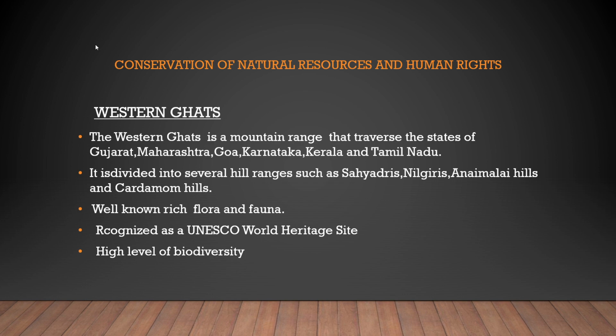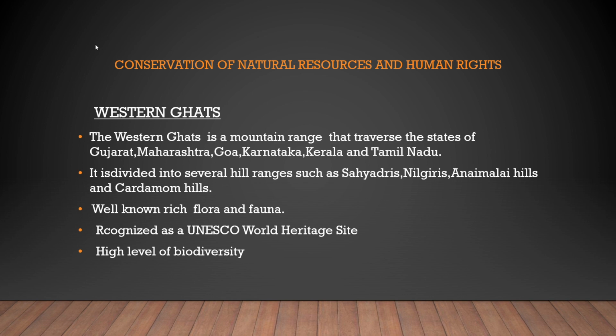Western Ghats is a mountain range that traverses the states of Gujarat, Maharashtra, Goa, Karnataka, Kerala, and Tamil Nadu. It is divided into several hill ranges, such as Sahyadris, Nilgiris, Annamalai Hills, and Cardamom Hills. And Nilgiris is very famous for our Munnar, Coorg, and all.